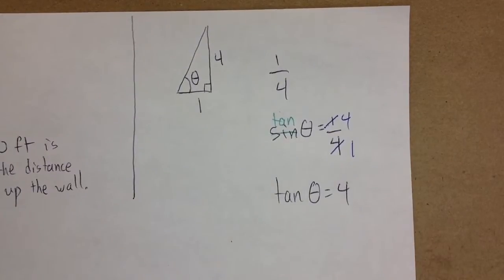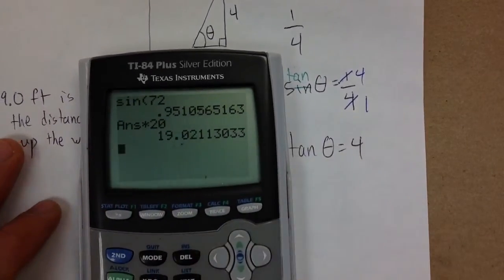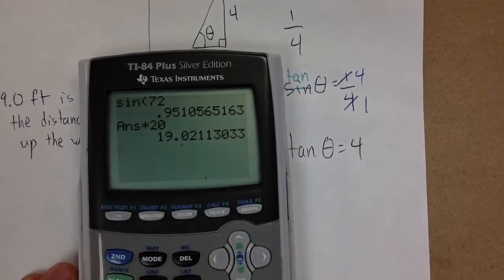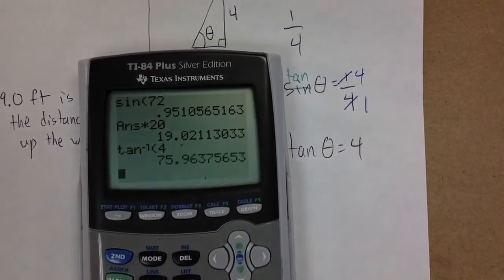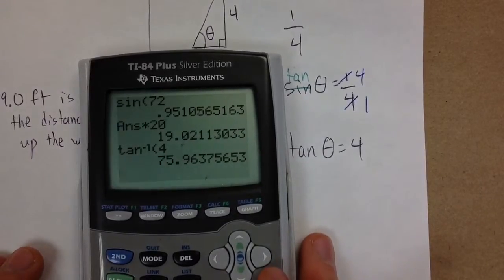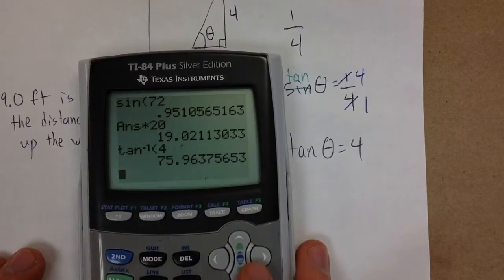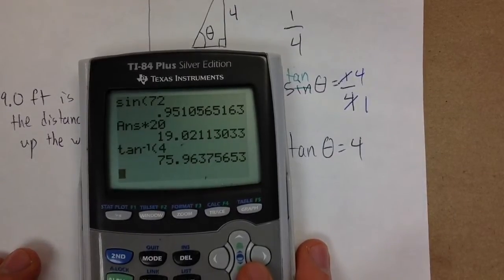We're getting there, Darian. My father wants the angle. Oh, you do the inverse of... Nice! You can do it. Second, tan of 4. That's the answer my dad was looking for. 76 degrees. Okay.